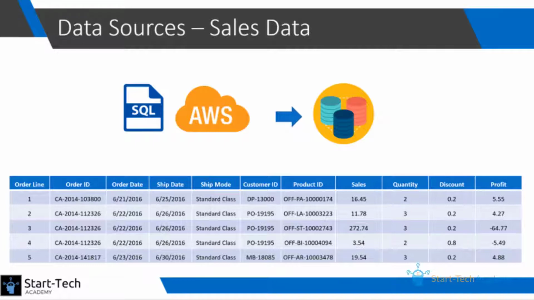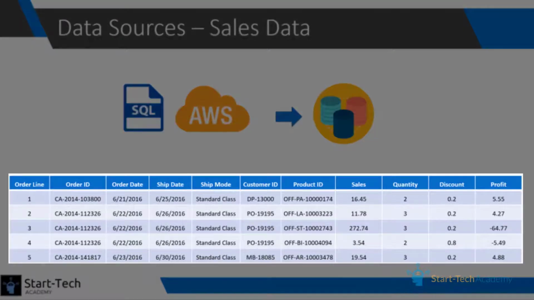In each sales transaction, all of this information is collected. We have the order line, the order ID, when was the order placed and when was the product shipped, what was the shipping mode, what was the customer ID of the customer who purchased this product, what was the product ID of the product being purchased, the total amount of sales, sales value, the quantity of product sold, discount applied, and the profit earned in that transaction.